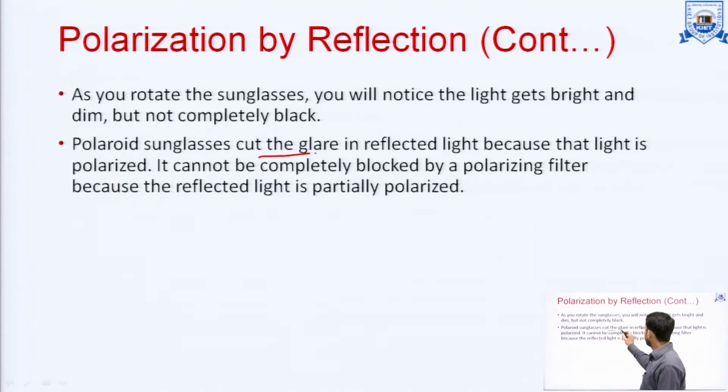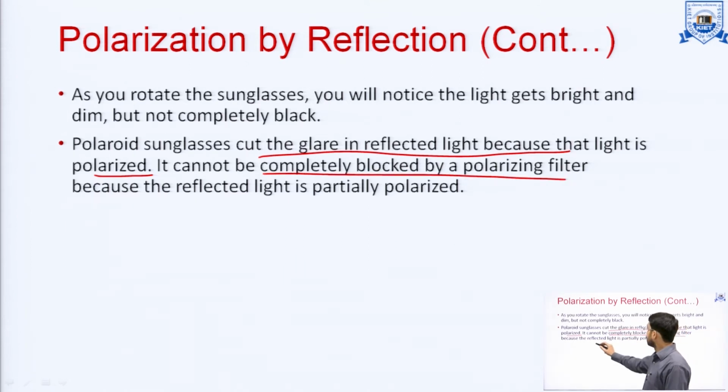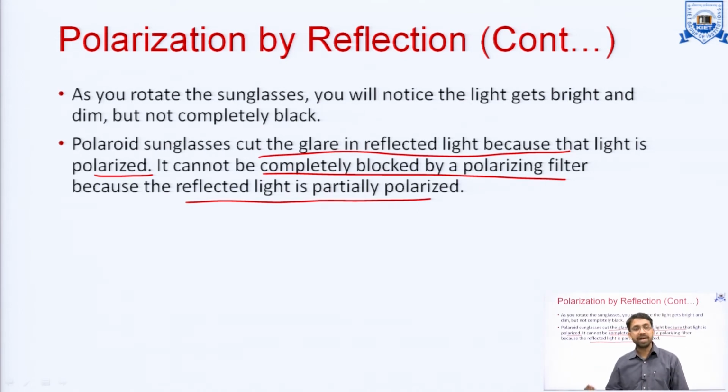Polaroid sunglasses cut the glare in reflected light because that light is polarized. It cannot be completely blocked by a polarizing filter because the reflected light is partially polarized. When light is reflected from a transparent surface, either glass or water, it is partially polarized, and we can use a polarizing filter to remove that reflection.